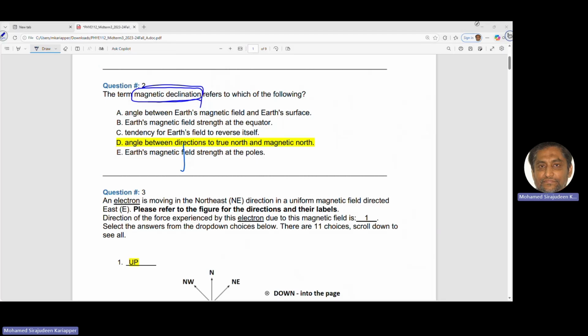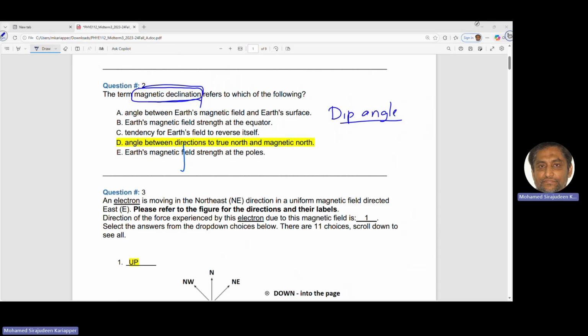With this, there is another term which comes at the same time: dip angle. Do you remember what it means? It's another concept that you are supposed to remember. What is dip angle? The compass points in the horizontal component of the magnetic field because it cannot go down; there's no freedom to go like that.